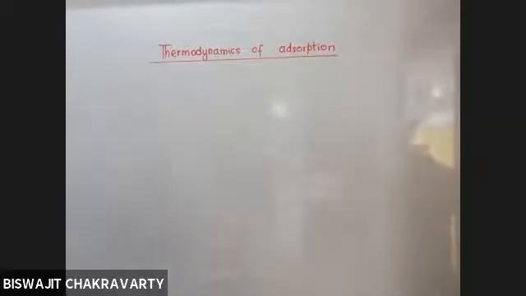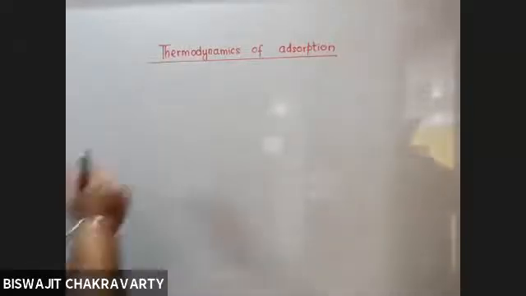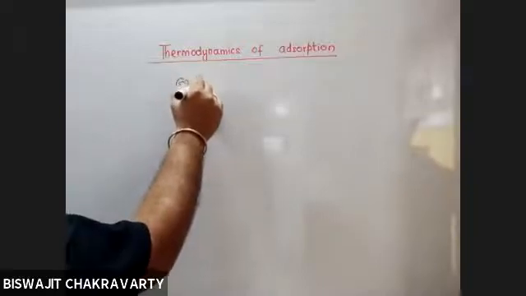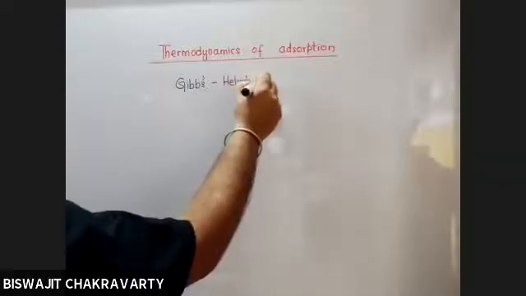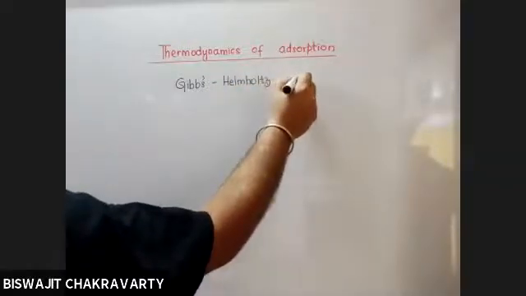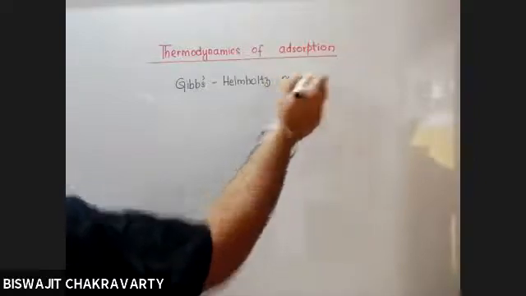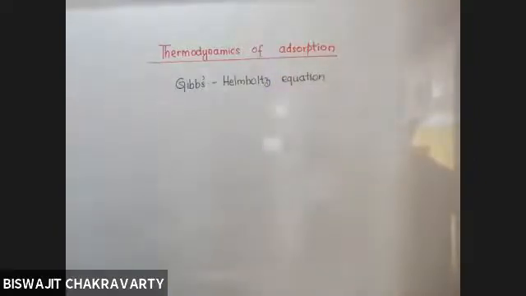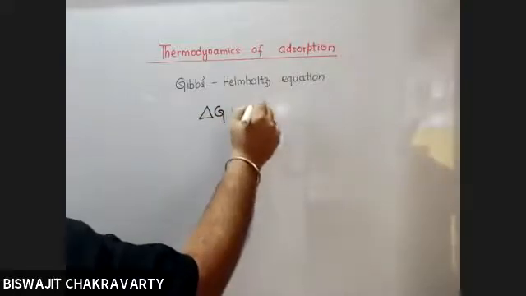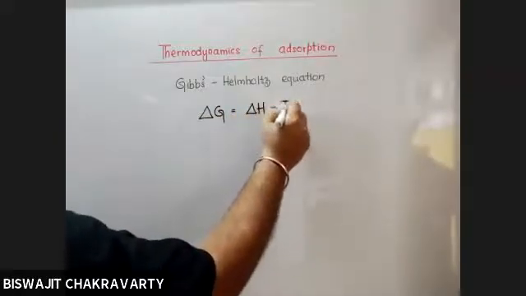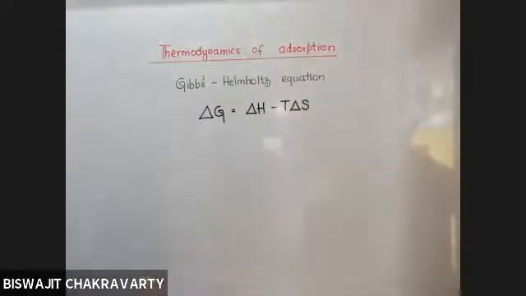Now, there is a very famous equation given by Gibbs and Helmholtz, which is referred to as the Gibbs-Helmholtz equation, with the help of which we can predict the spontaneity of a reaction, whether a reaction is spontaneous or not. We can make it out with the help of the Gibbs-Helmholtz equation. This is called the Gibbs-Helmholtz equation.